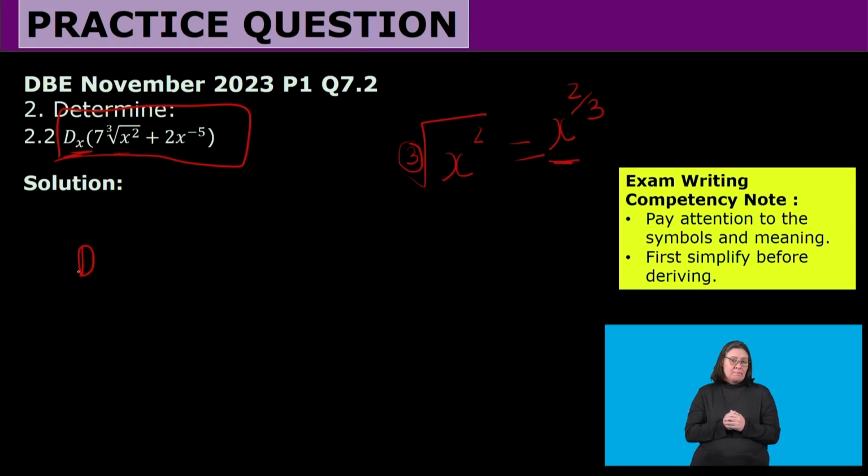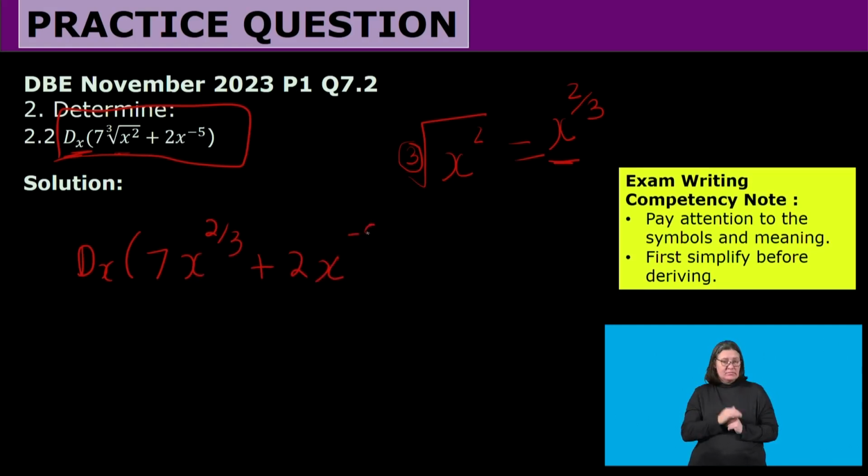The derivative is going to be taken of 7x, and you see that I haven't started deriving yet. I'm just simplifying inside the bracket, plus 2 times x to the negative 5. We need to find the derivative of that expression. Once you start deriving, we don't half derive and then still keep a part of the expression. We need to derive the whole thing together.